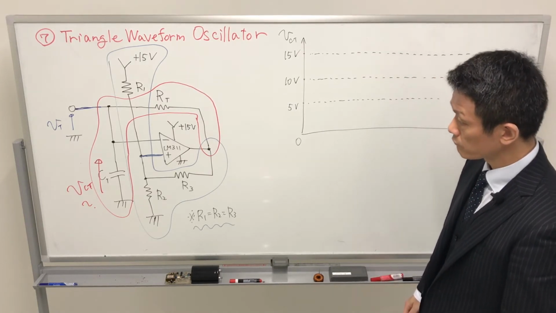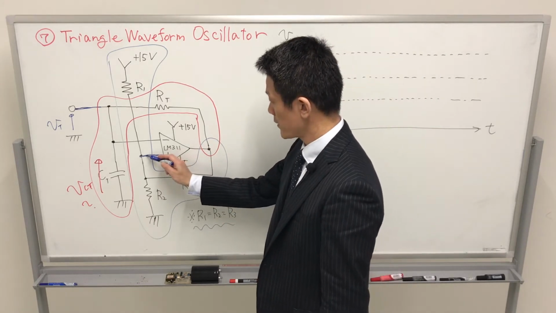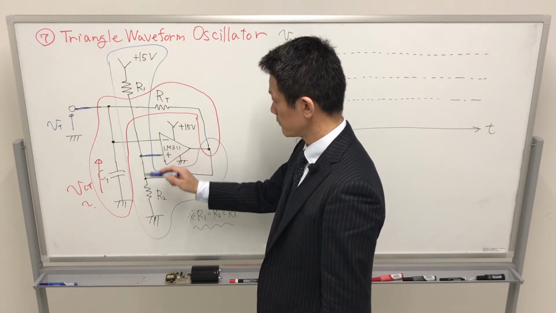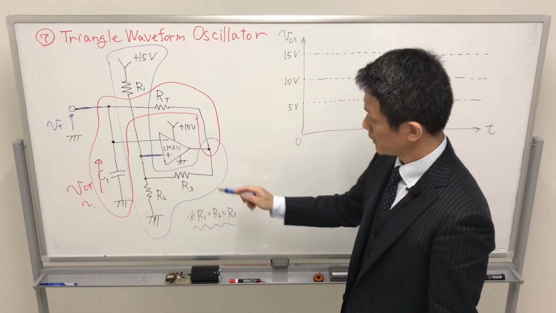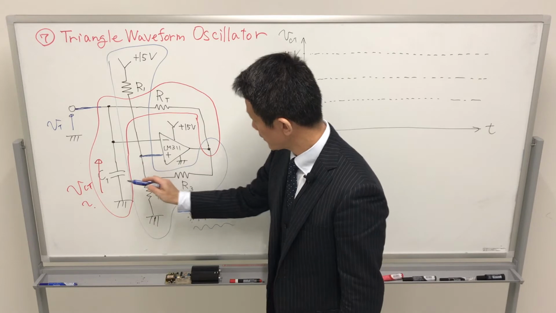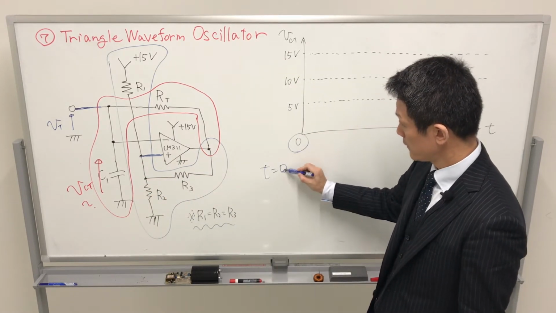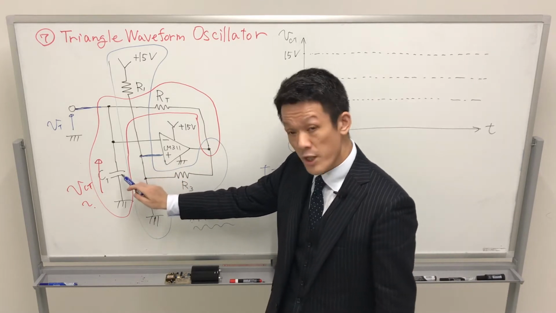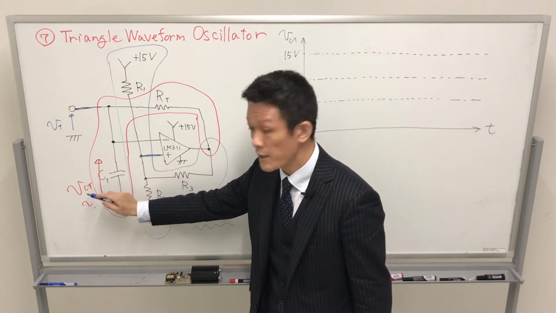At T equals 0 there is no charge, so the first VCT is 0.